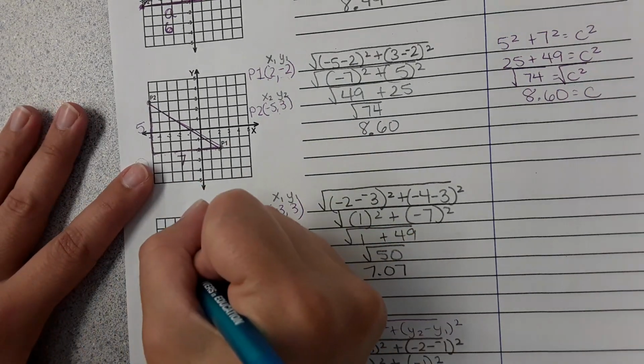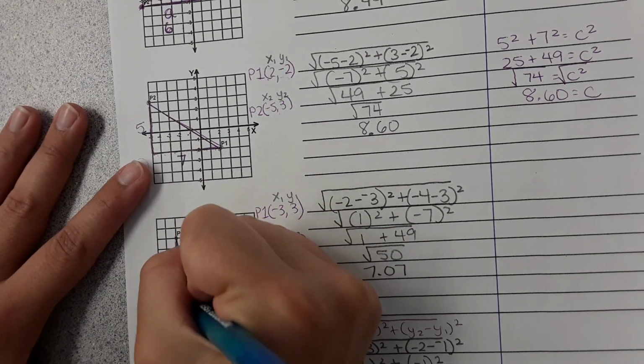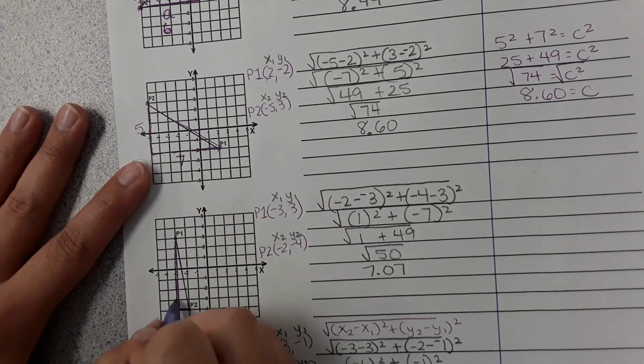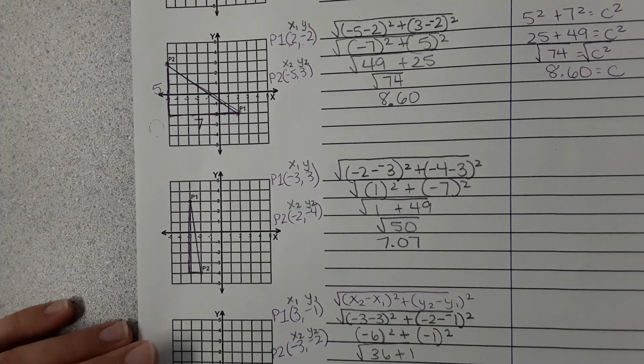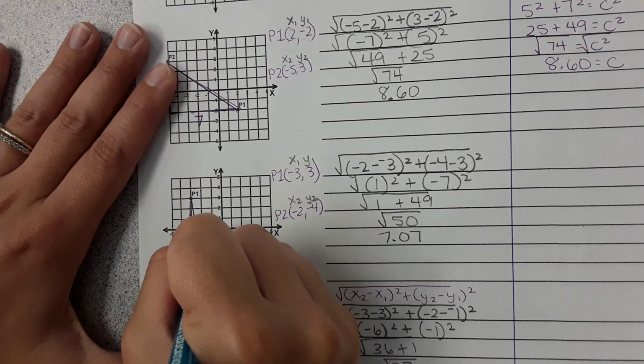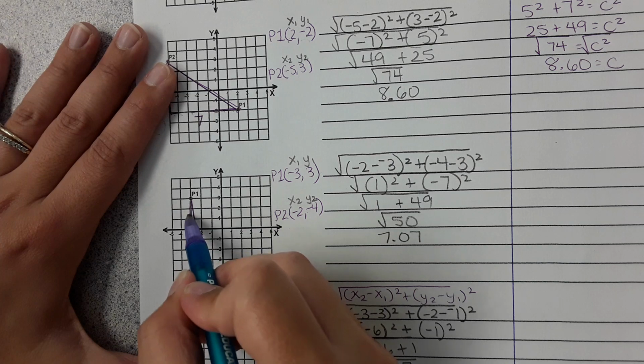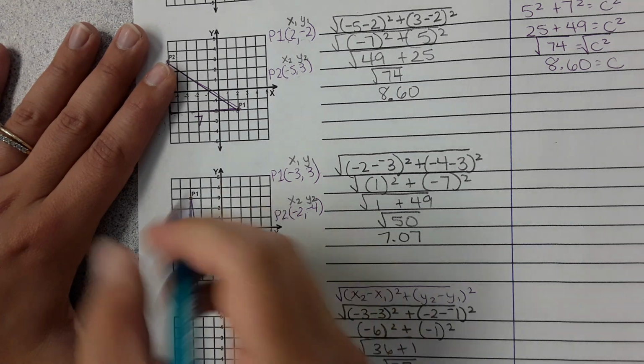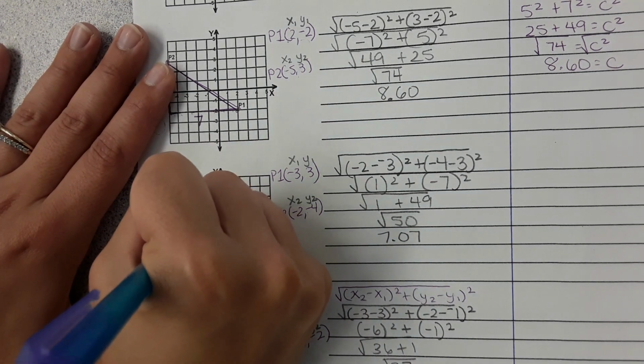Okay, I connected the 2 points, and now I'm going to draw this right triangle here. One leg is just 1 unit long, and the other leg over here is 7 units.